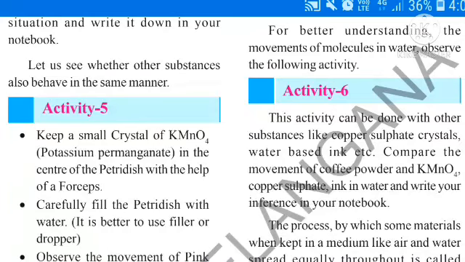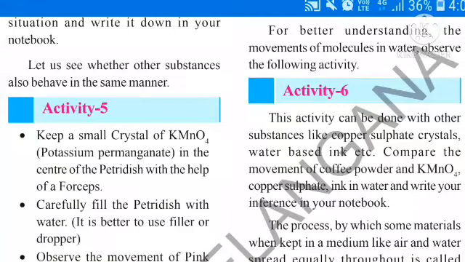Here KMnO4 dissolves in water. The water around the crystal will appear pink in color. As time progresses, all the water in the beaker becomes colored. Initially pale in color, slowly all the water in the beaker becomes uniform pink. This process is called diffusion.